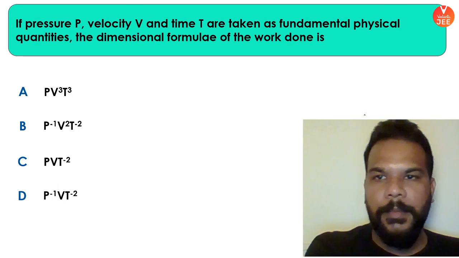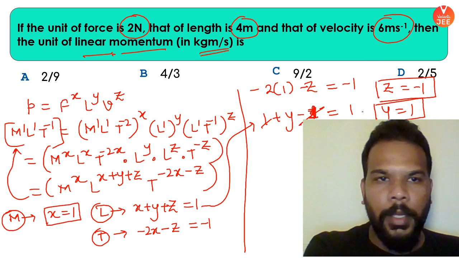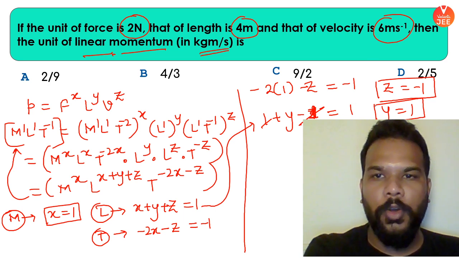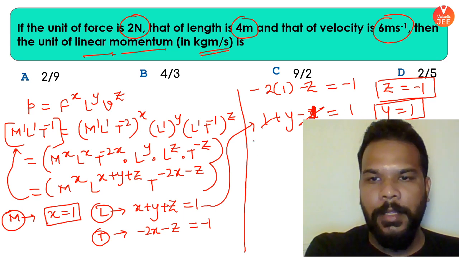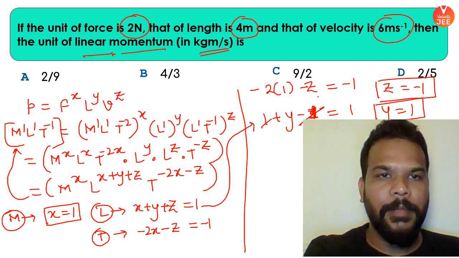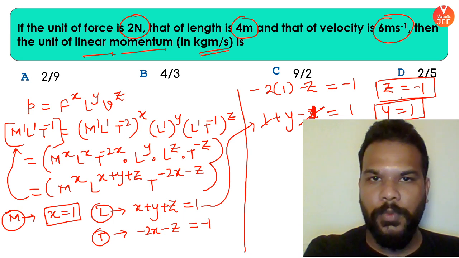That means x comes out to be 1, y comes out to be 1, and z equal to minus 1.